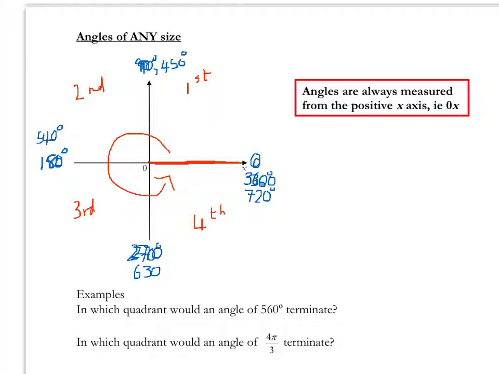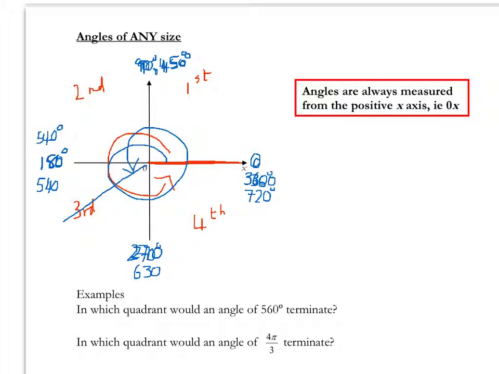Then we're going to go back up to another 90 onto that, which is 450, and another one after that would be 540. So just beyond 540, another 20 degrees. So it's going to go round a complete revolution and another little spiral in there.